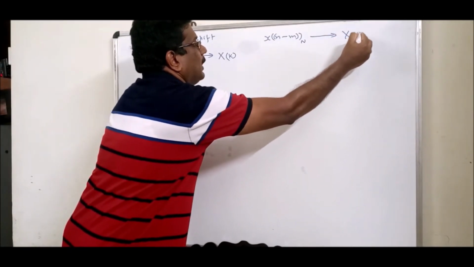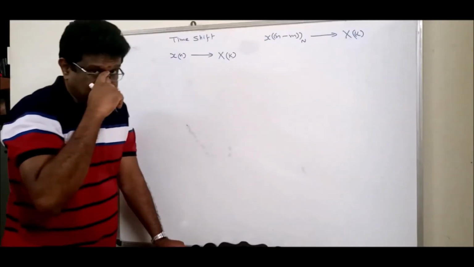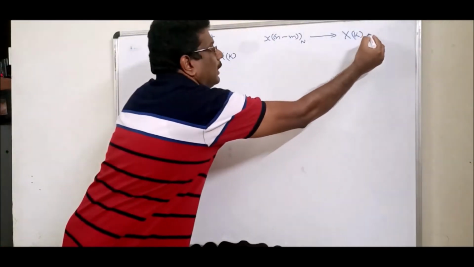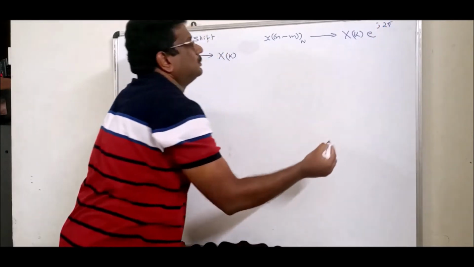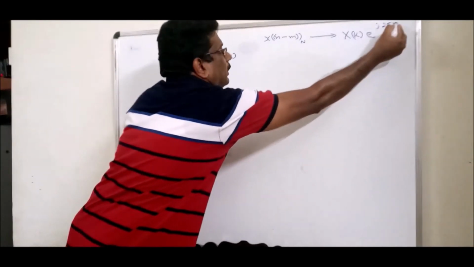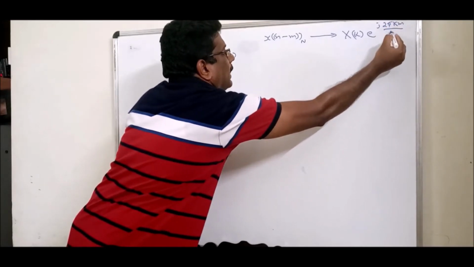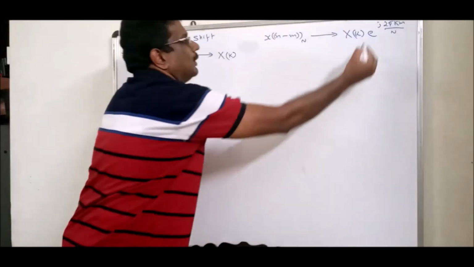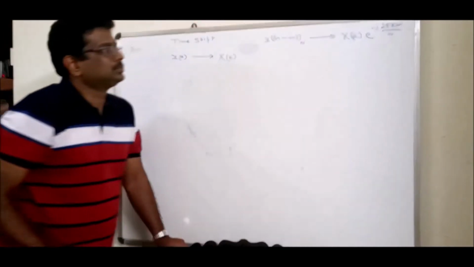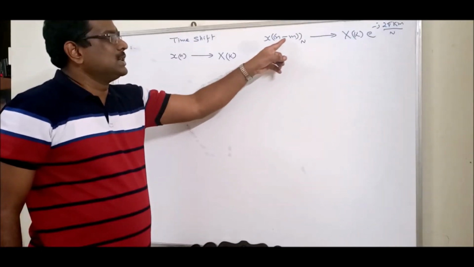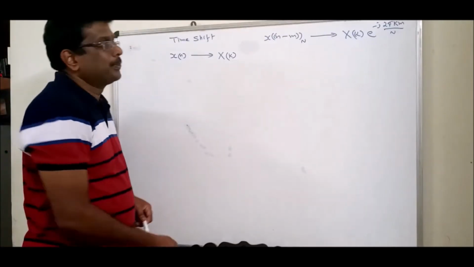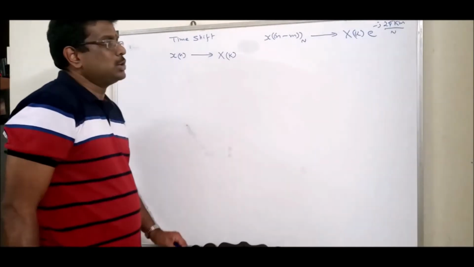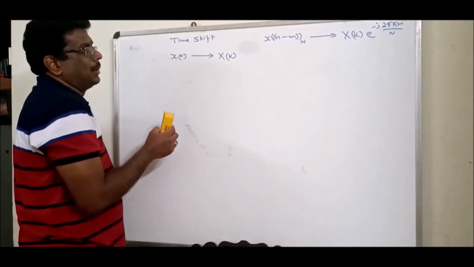The property says X of k e power minus j 2 pi km by n. In time domain if it is shifting, in frequency domain you are having e power minus j 2 pi km by n.